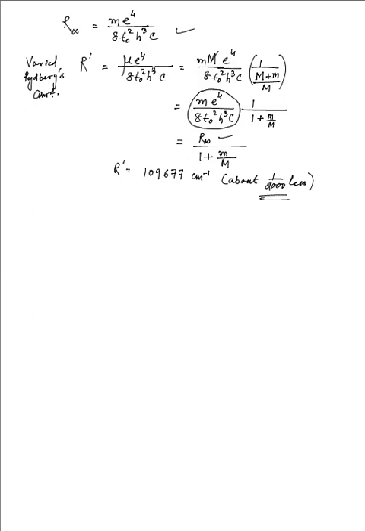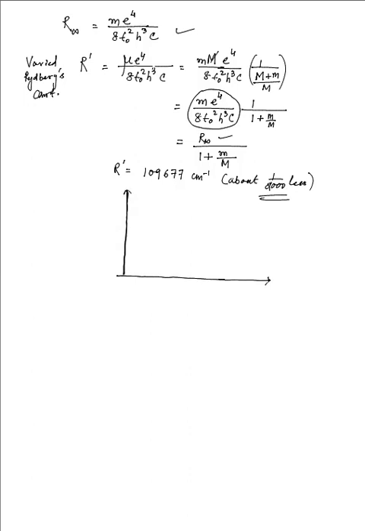Now, if we observe the variation of the Rydberg's constant thus obtained with this finite mass correction, then we certainly have a view of what it does.